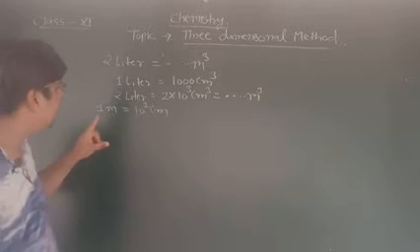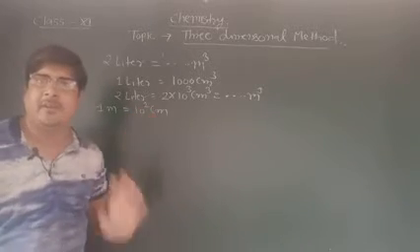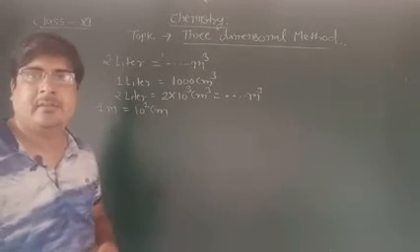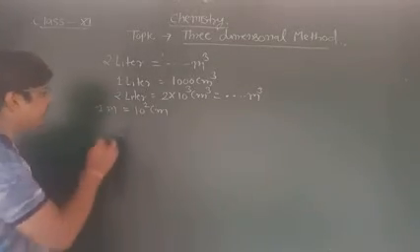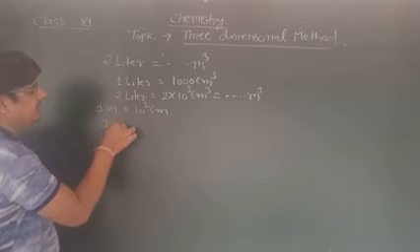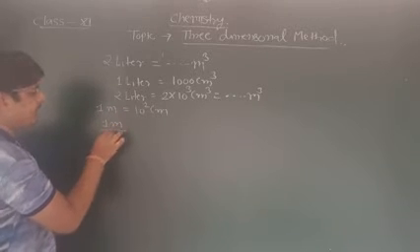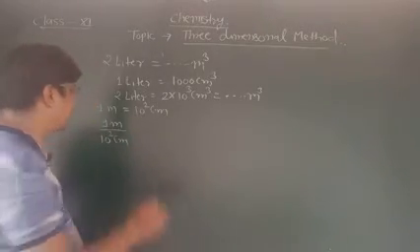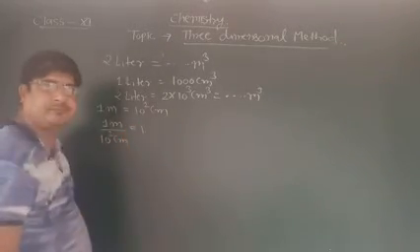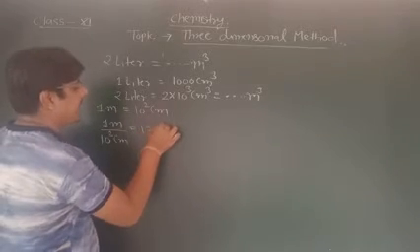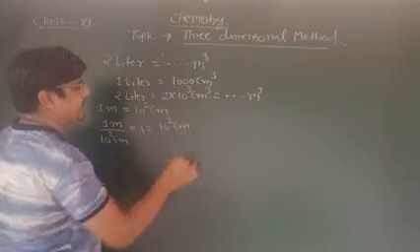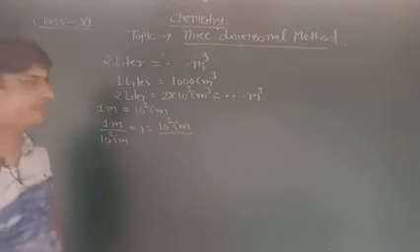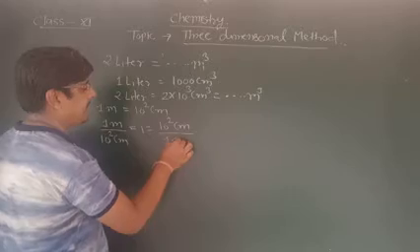First, we know 1 meter is equal to 10 to the power 2 centimeter. Write it in unit form: 1 meter upon 10 to the power 2 centimeter is equal to 1, which is equal to 10 to the power 2 centimeter upon 1 meter.